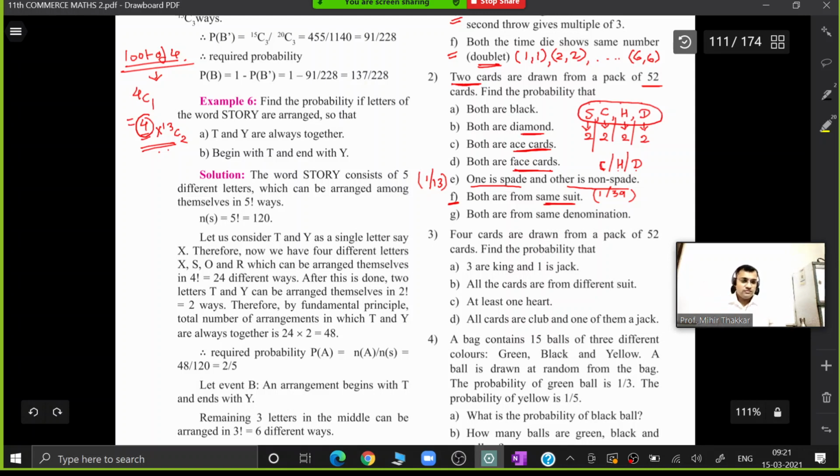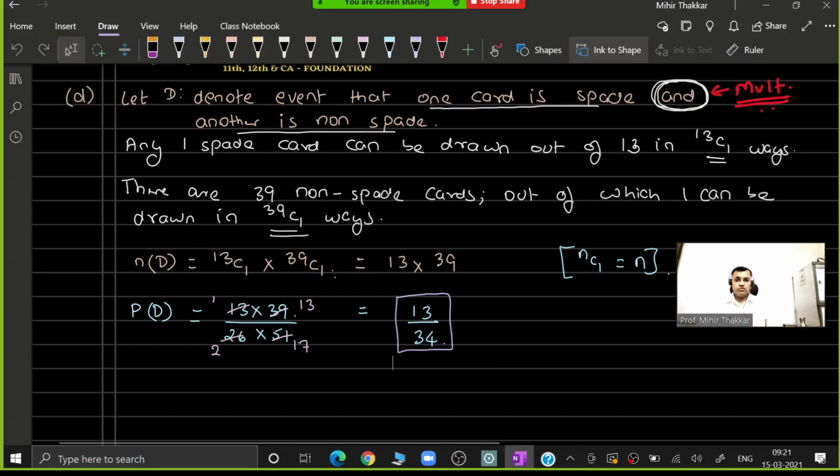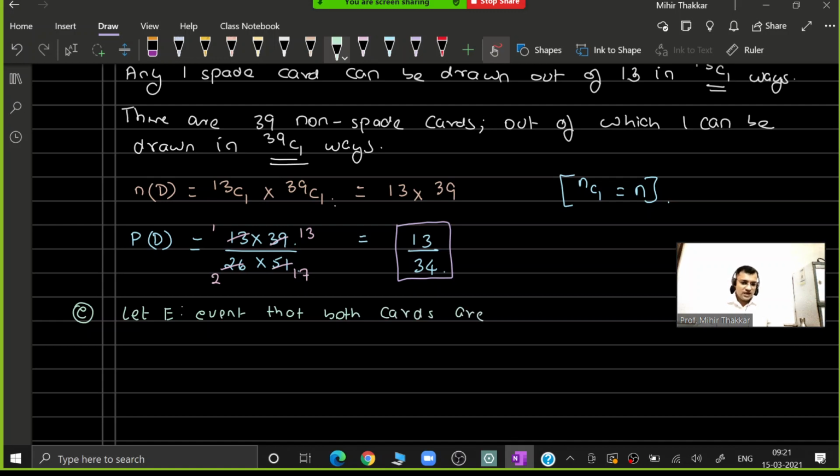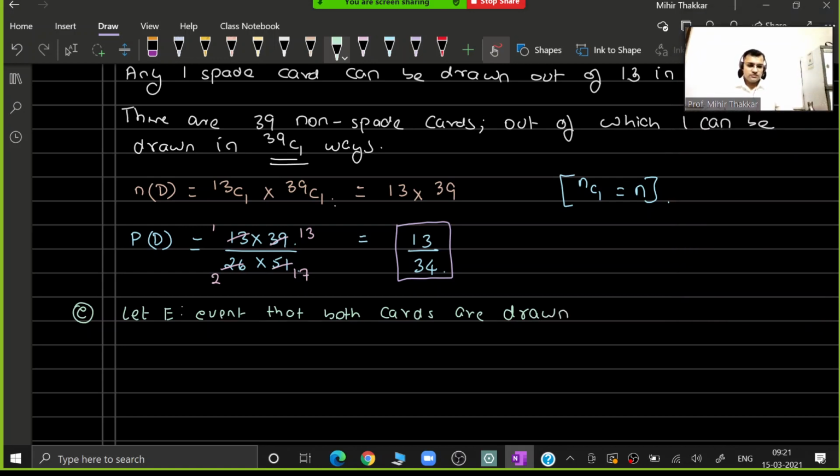Okay. Both are from the same suit. I will write over here event E. Let E denote the event that both cards are drawn from the same suit.